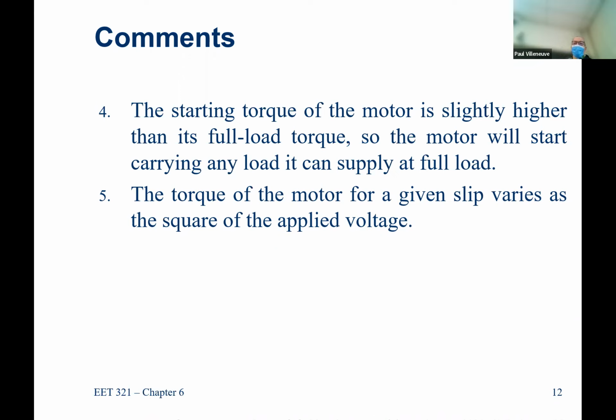The torque of a motor for a given slip varies pretty significantly as you vary the applied voltage. One of the things that we don't do as much as we used to is this: really big motors, when you start them across the line, would actually trip because they draw too much current. How do you fix that? You drop the voltage.